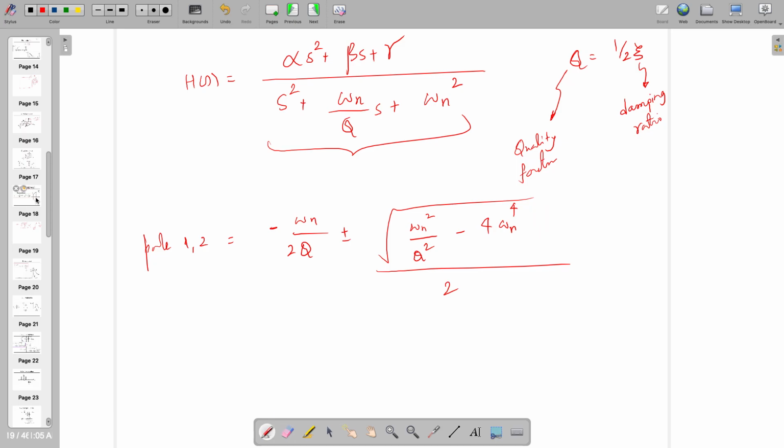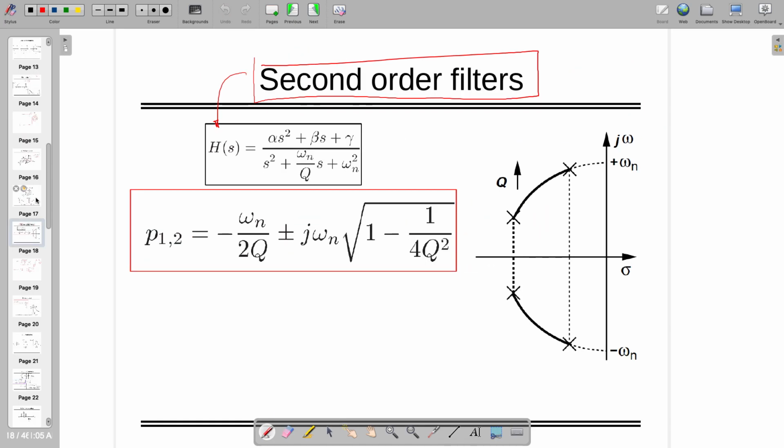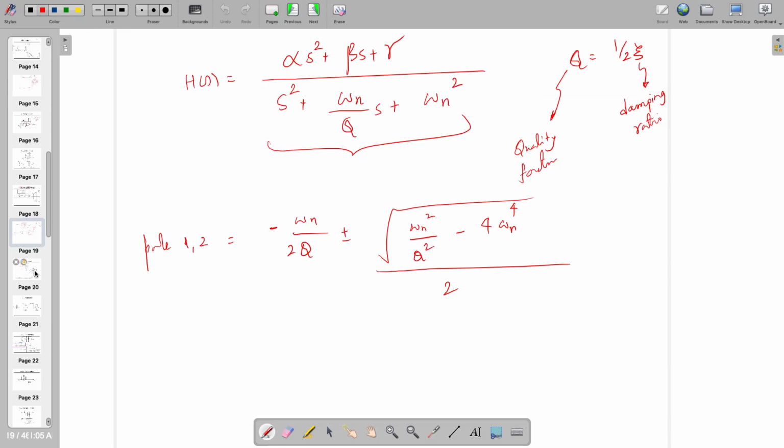So you will get this equation. Sorry? Minus B plus or minus the square root of B square minus 4AC, divided by 2A. Am I making any mistake? Oh, 4AC. Okay, okay. You are saying this. Okay.